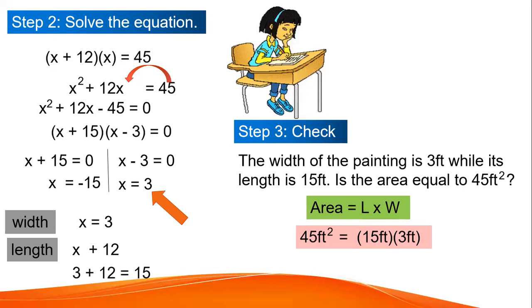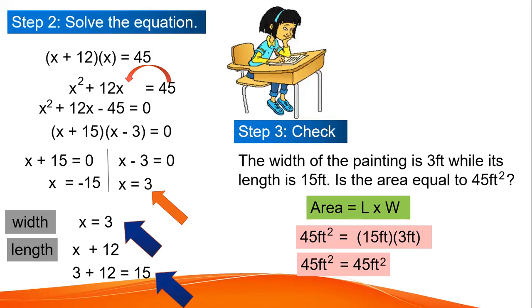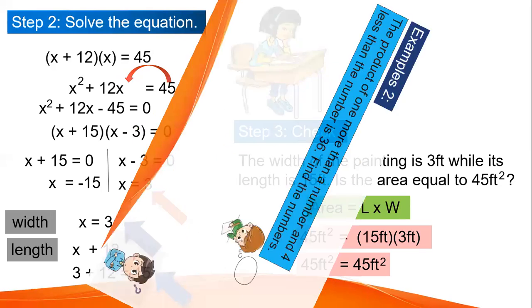So we have 45 square feet equals 15, that will be your length, and 3 feet, that will be your width. So we have 45 square feet equals 45 square feet because 15 times 3 is 45.